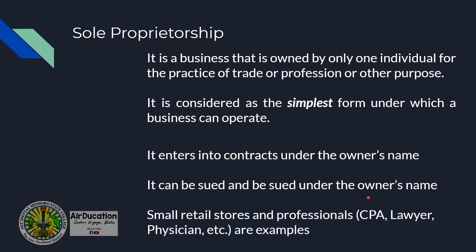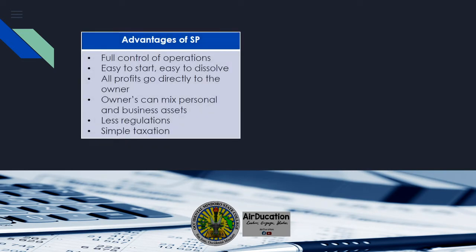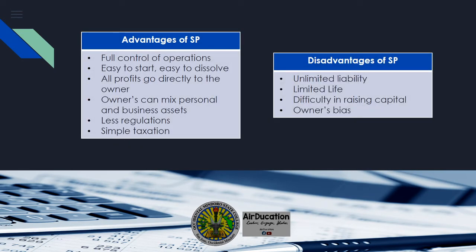And lastly, again, these are samples of sole proprietorship businesses. So small retail stores, especially the sari-sari stores, and the professionals who have their own office, like a CPA, lawyer, physician, etc. Right? So, what are the different advantages and disadvantages of sole proprietorship?